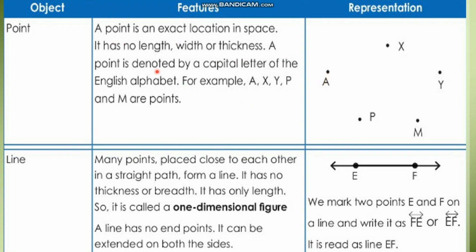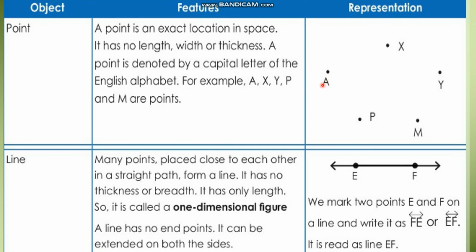A point is an exact location in space. It has no length, no width and no thickness. A point is denoted by a capital letter of the English alphabet.